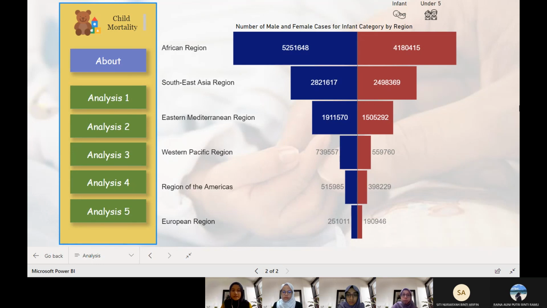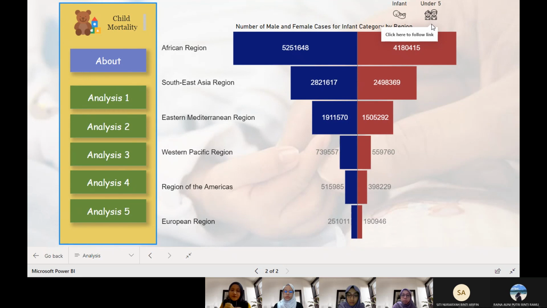Apparently, there are only 2 categories that contain the female and male children attribute, which are infant and under 5. Thus, 2 separate tornado charts will be used to differentiate between those 2 categories better. As you can see up here, there is an icon of a baby and a child, which represent the infant category and the under 5 category.